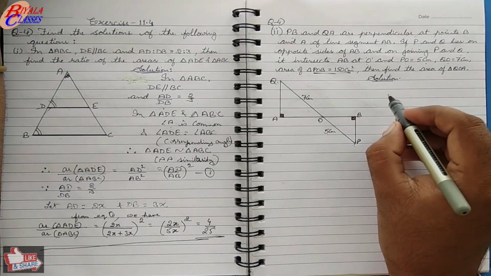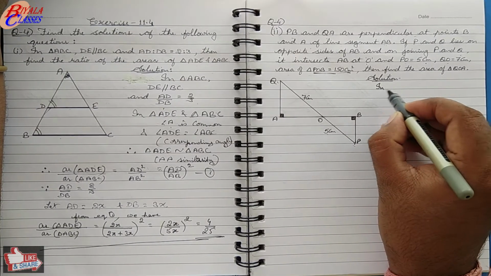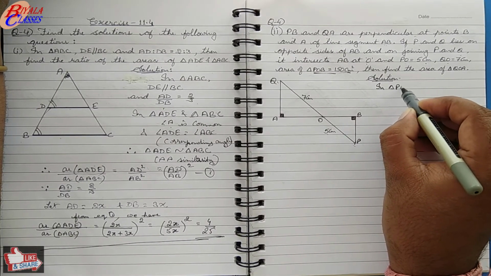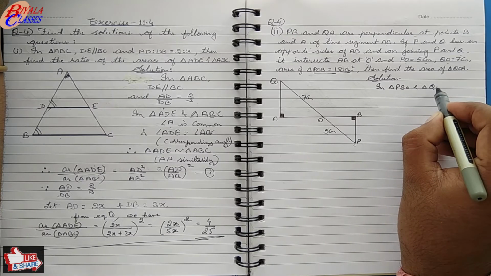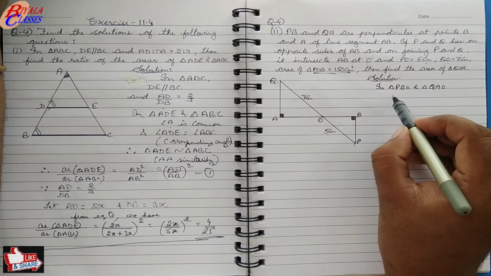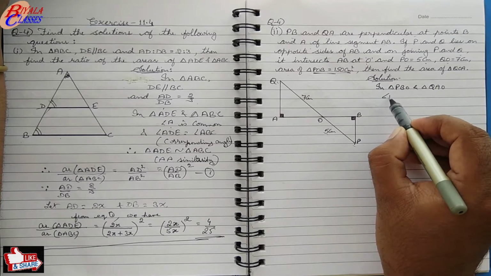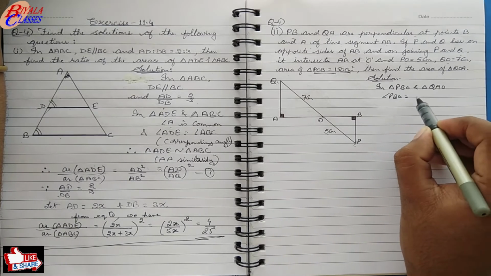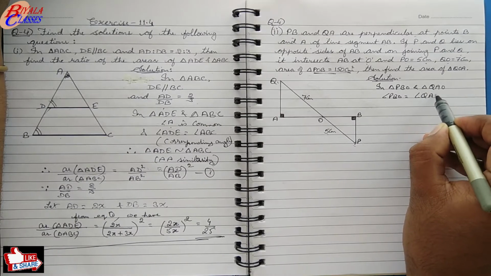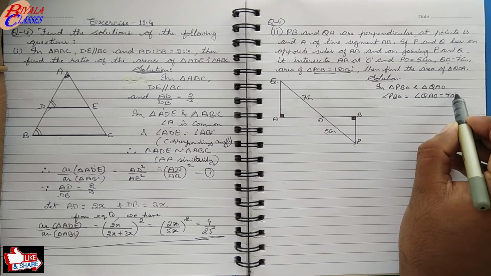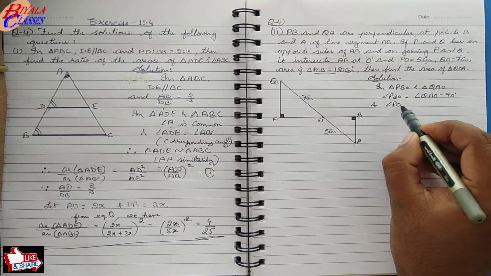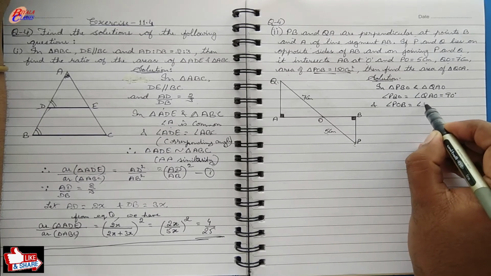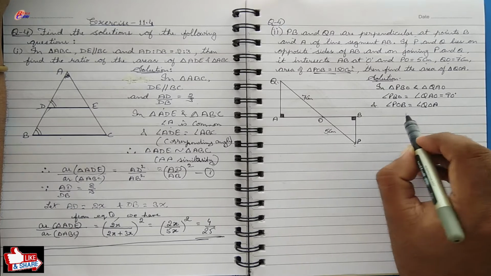Now if we check it out here, first of all, let's say in triangle PBO and triangle QAO, here angle PBO is equal to angle QAO, each being 90 degrees, and angle POB is equal to angle QOA.